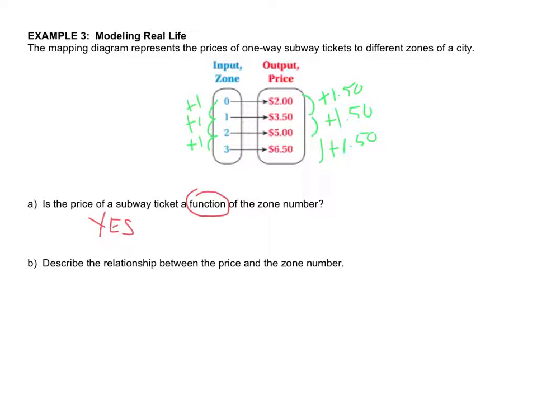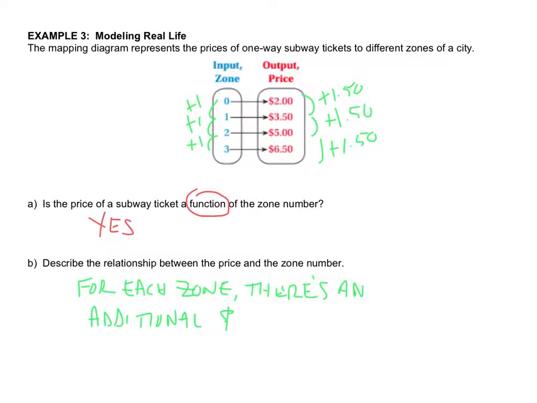So that tells me something right there. So basically, to put that into words, describe the relationship between the price and the zone number. So for each zone, there's an additional $1.50.